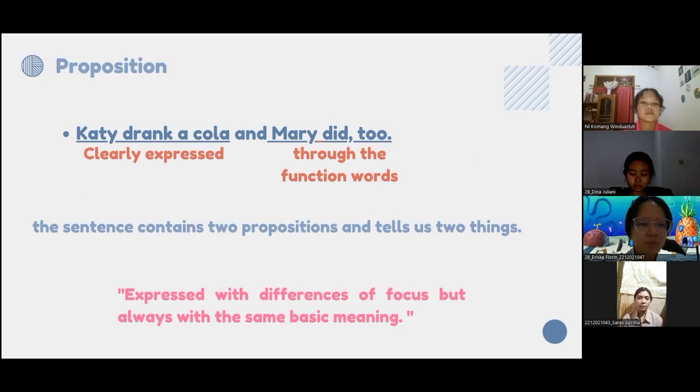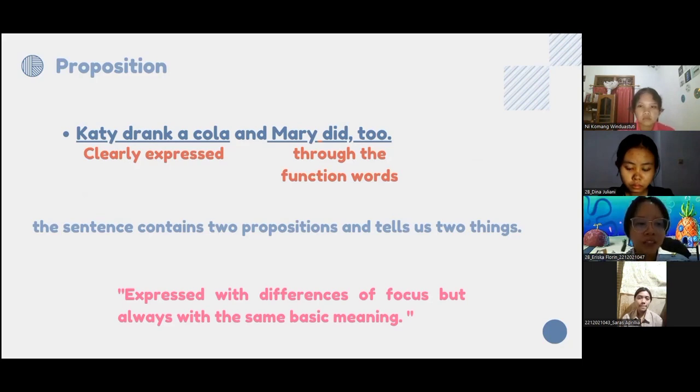Because it shows two different sentences, but expressed in a different way. Katie drank a cola is clearly expressed, but Mary did too is expressed through the function words did and too. So we know that Mary did the same thing as Katie by the word did.